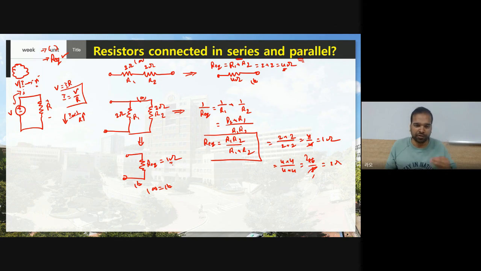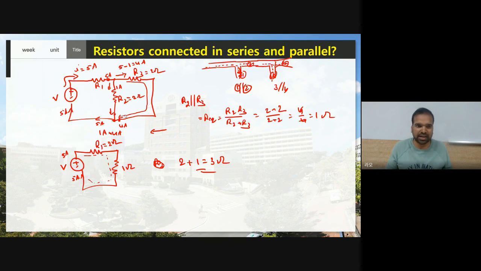If you get confused whether elements are connected in series or parallel, just imagine a current, a water flow in the pipe. Whenever the water is going to divide, those two parts are connected in parallel. Or you can assume some current is flowing from the source. If the same current is coming back, then your assumption is correct.